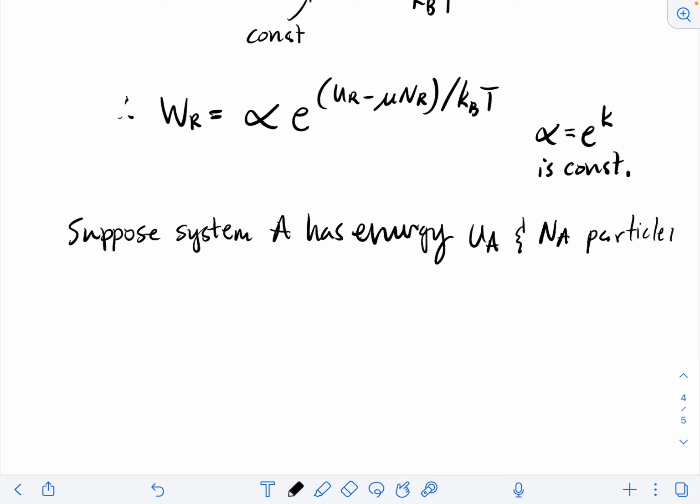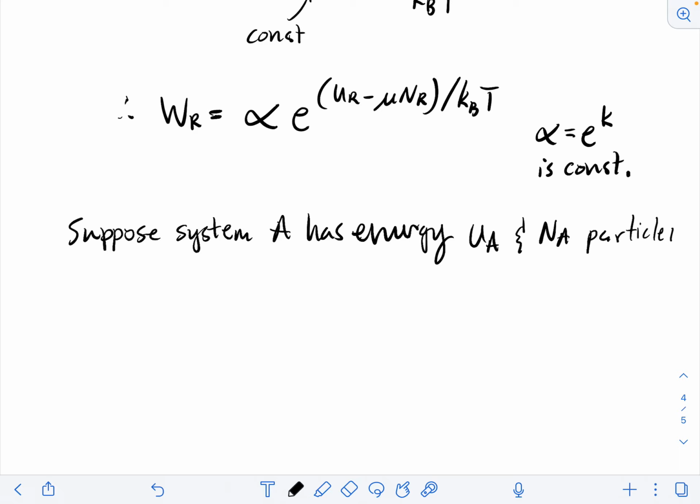What we're going to do, looking ahead, is pick a particular state for system A, then analyze how many quantum states are available to the reservoir, and then sum over all the possible states of A and get the total number of quantum states available. We'll take the ratio of the two to get a probability, just like we did in the previous video.